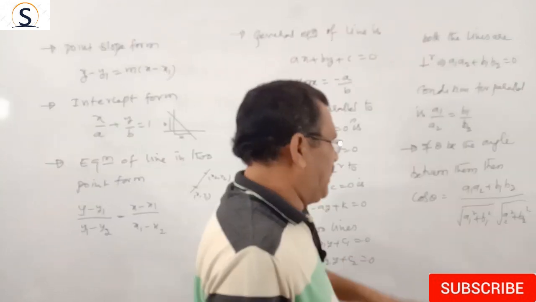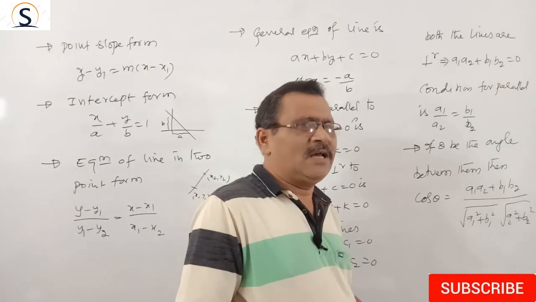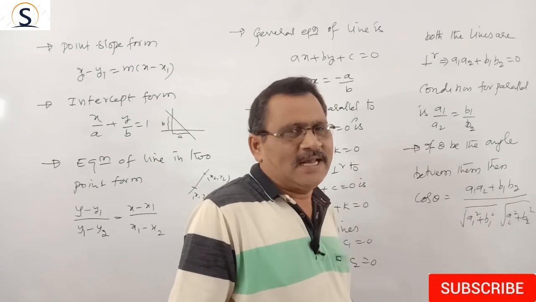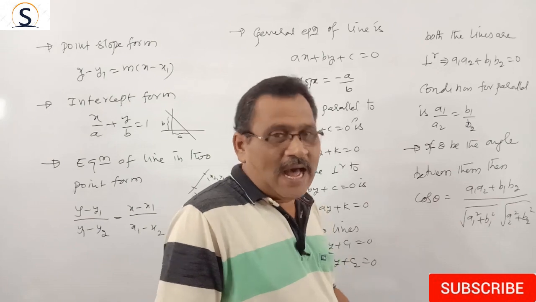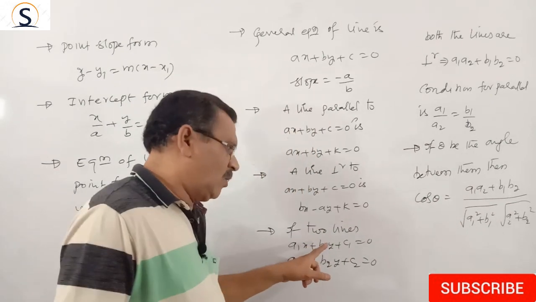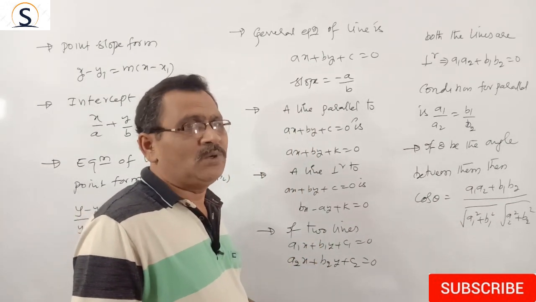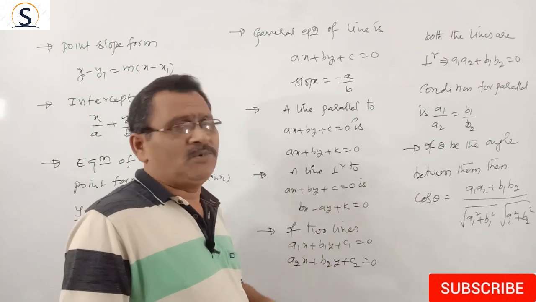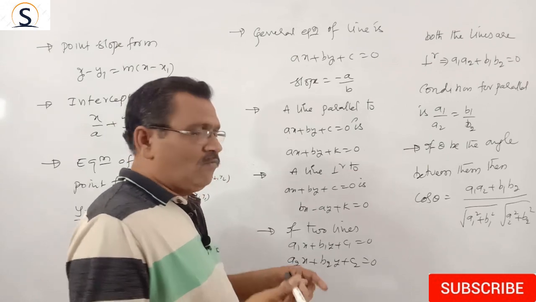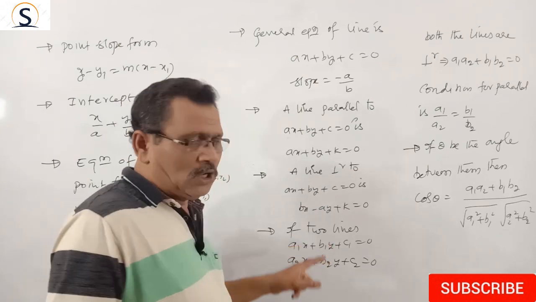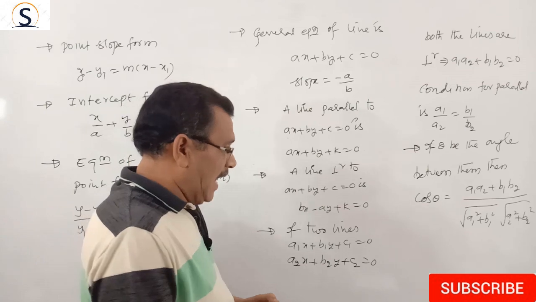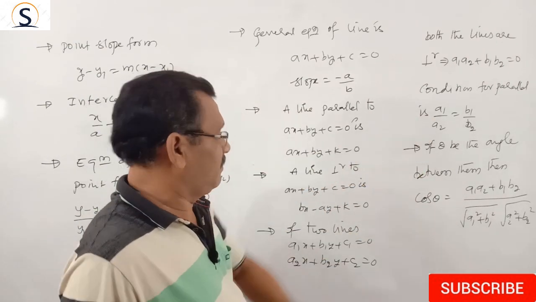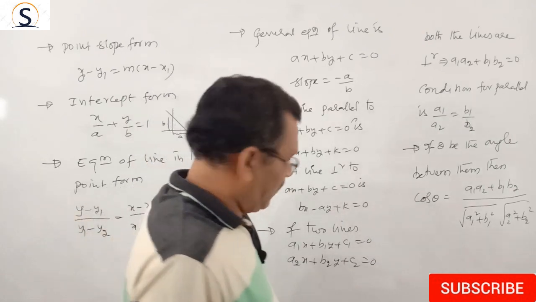So, if you find cos theta, to find out sin theta, we apply triangle formula. And if cos theta sin theta is known, you can find tan theta. Otherwise, you can find the slopes of two lines m1 and m2. Then you can directly apply tan theta formula, that is m1 minus m2 by 1 plus m1 m2, where m1 m2 are the slopes of two lines. Okay. Now, angle between two lines. Next, condition for parallelism. Next, condition for perpendicularity.